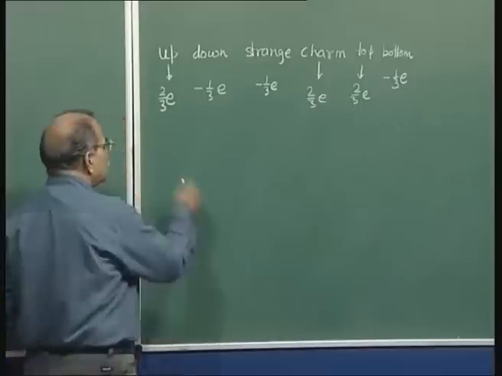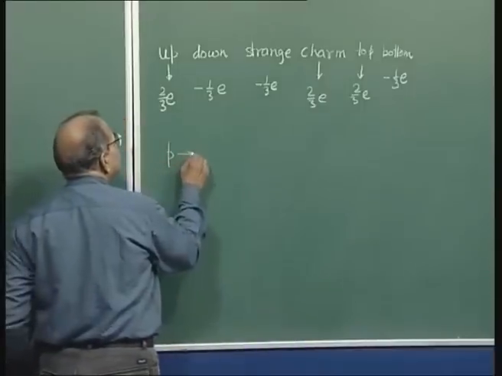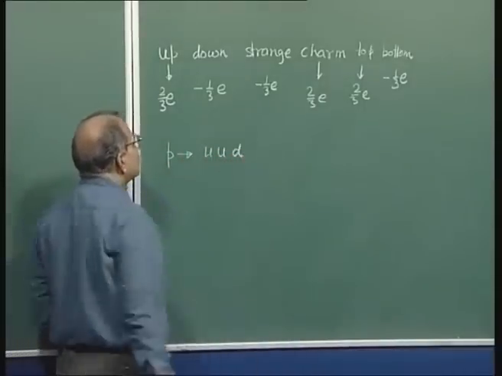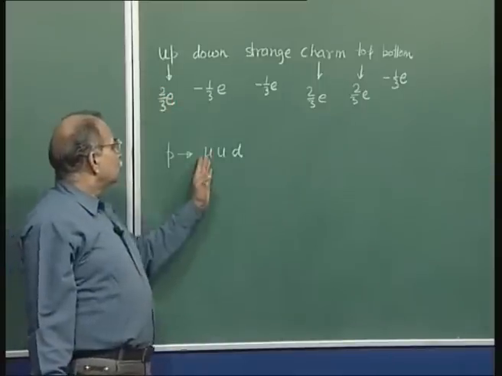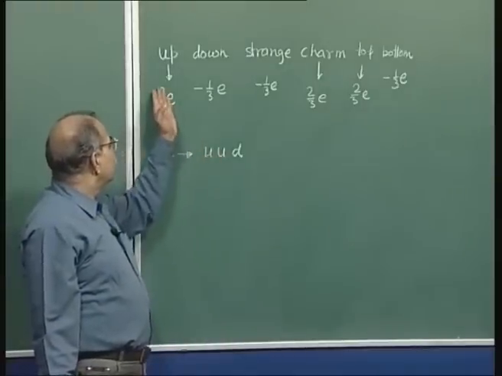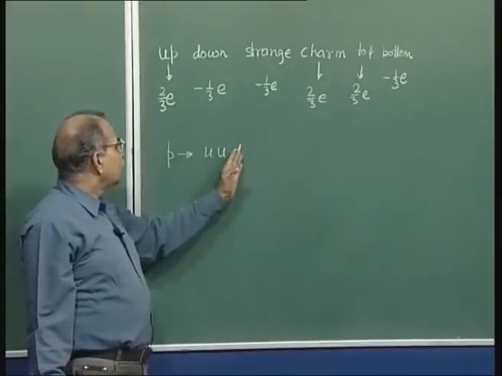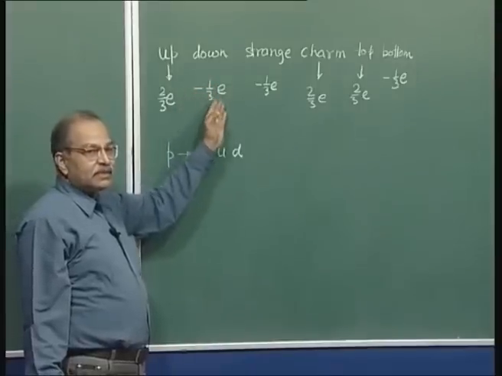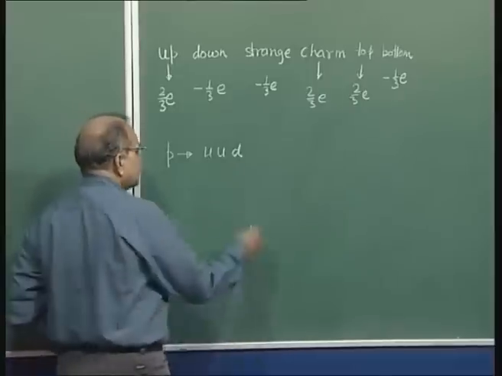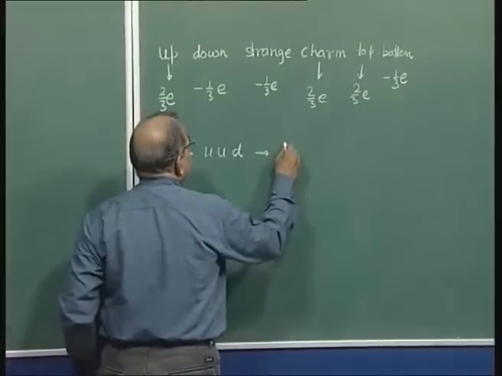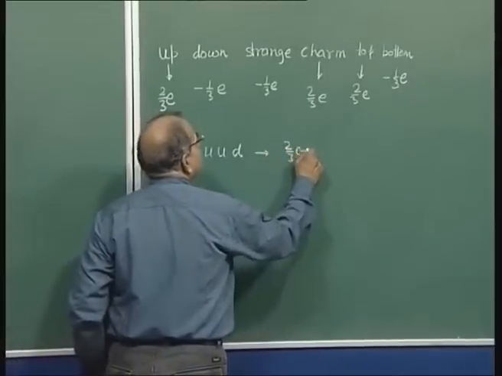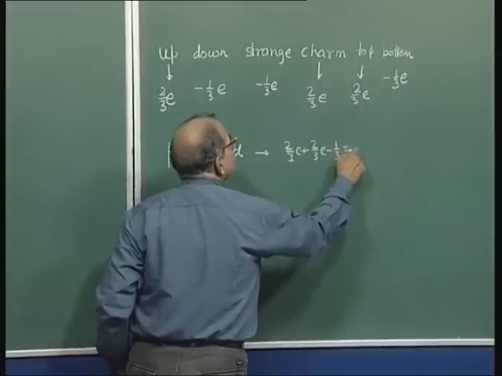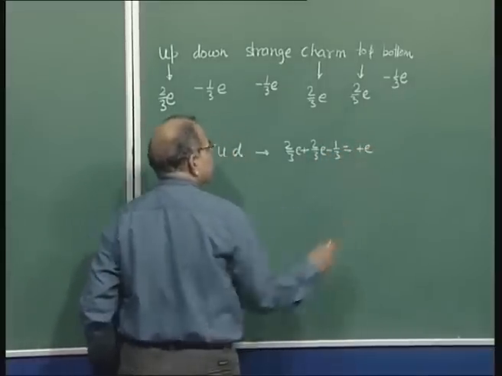So, a proton is made from U, U and D. You have 2 U quarks, which make 4 by 3 e, and one down quark, which is minus 1 by 3 e, and the total will be plus e. That is, 2 by 3 e plus 2 by 3 e minus 1 by 3 e, which is plus e.